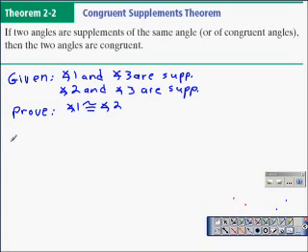So by the definition of supplementary angles, the measure of angle 1 plus the measure of angle 3 is equal to 180, and the measure of angle 2 plus the measure of angle 3 is equal to 180.